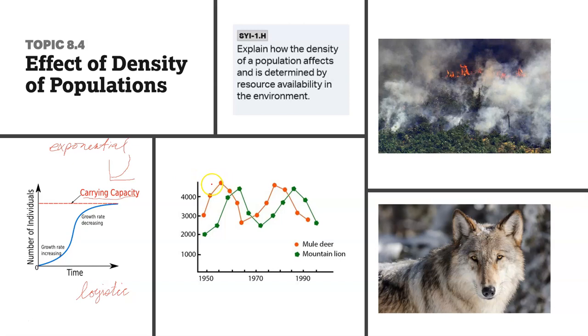I've also included, just to show you a different type of graph, a population graph of a predator-prey relationship. If you'll notice, the mule deer population rises, right? As their population rises, what happens to the predator population? The predator population is going to rise.